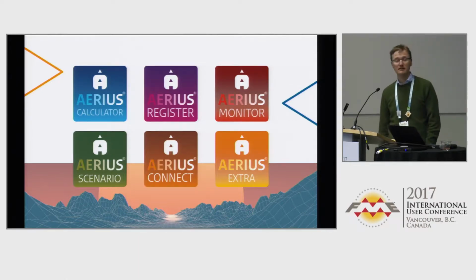We have a calculator to calculate the amount of nitrogen on the areas. We have AERIUS Register, which is for the governmental organization to keep track of all the nitrogen. We have to monitor in which way it goes and some other things. There's also an API you can use with FME.